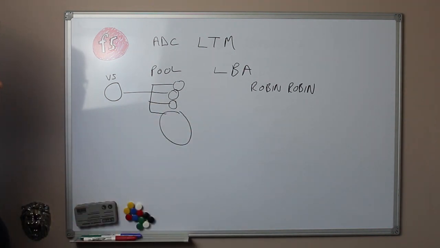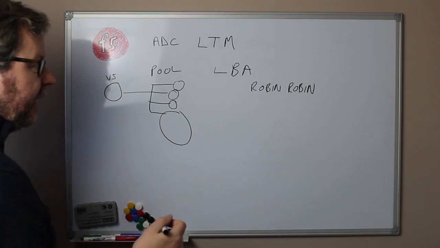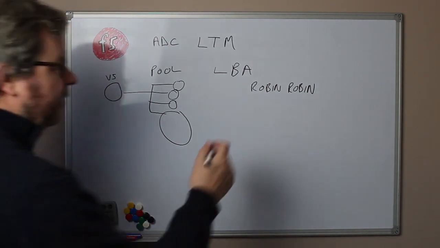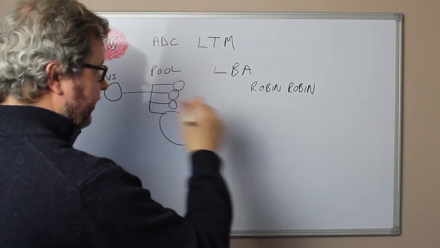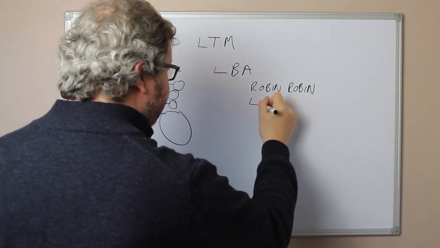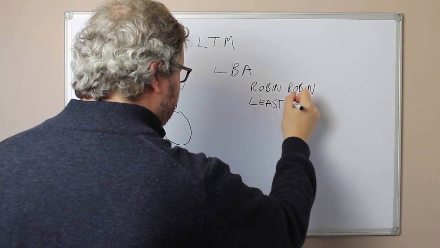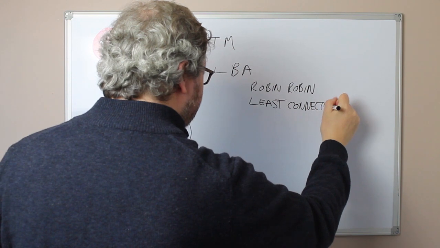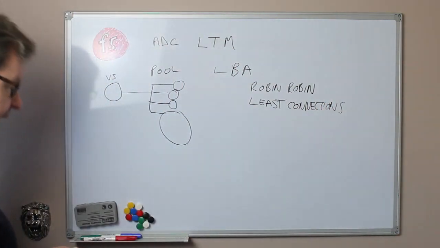In order to get around that, what you can do is use my personal favourite, and I guess the one recommended by F5 as a start off, which is the least connections load balancing algorithm.